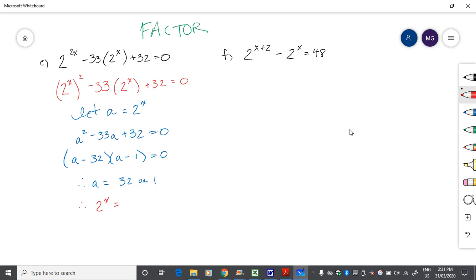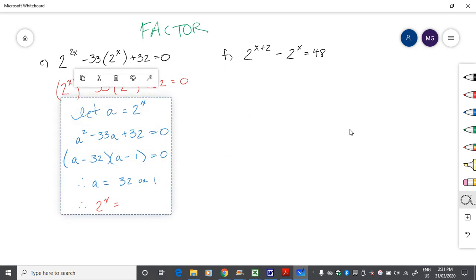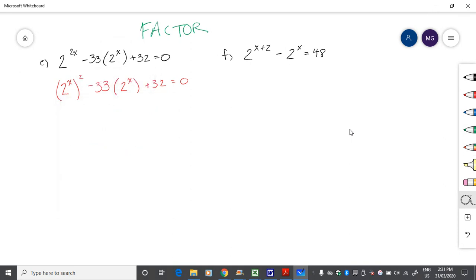Can we just get rid of all of that blue and say that if we can now recognize that that is part of our solution, that really what I had was this common expression of 2 to the x that was hidden in there. Well, if we can recognize that as a simple trinomial right now, why not just factor it as written?